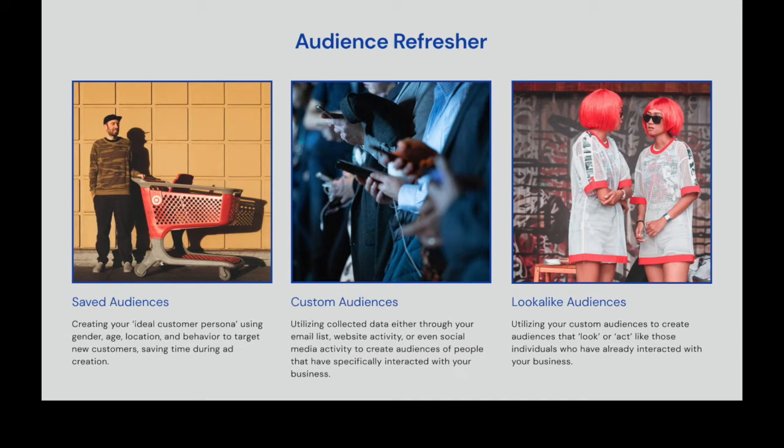So if you're in the early stages and maybe haven't quite figured out who your audience is yet, you can create your ideal customer persona inside of these saved audiences using gender, age, location, behaviors, all of those things to really create different segments of people that you're like, okay, we think that we're after females that are between X age and so on and so forth.